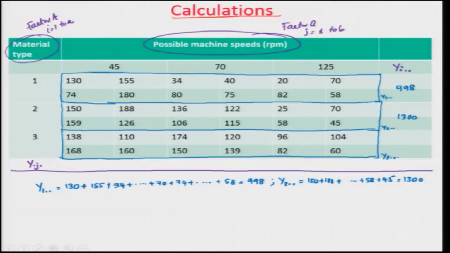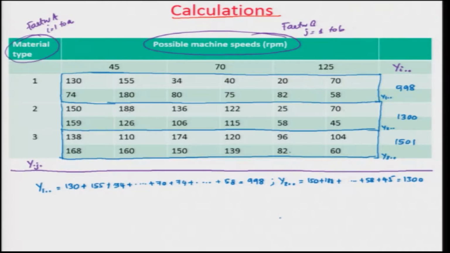For the third level, we sum all those values up: 138 plus 110 plus 174 plus 104 plus 168 plus 160 plus 82 plus 60. That value is 1501. You can see those computations individually when you look into this.